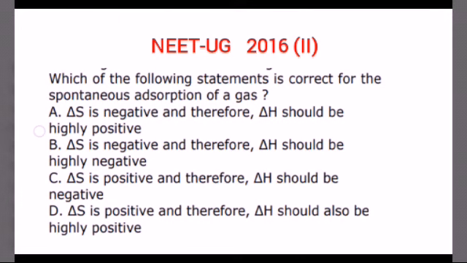are used. So recall again the criterion of spontaneity, that delta G is negative when delta H is negative and delta S is positive. So option C is correct, that is delta H is negative and therefore delta S should be positive for a spontaneous process.